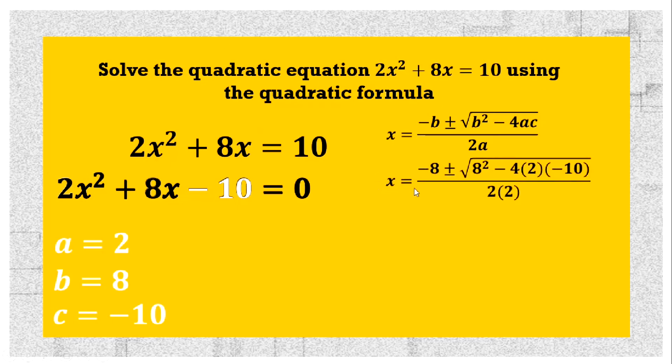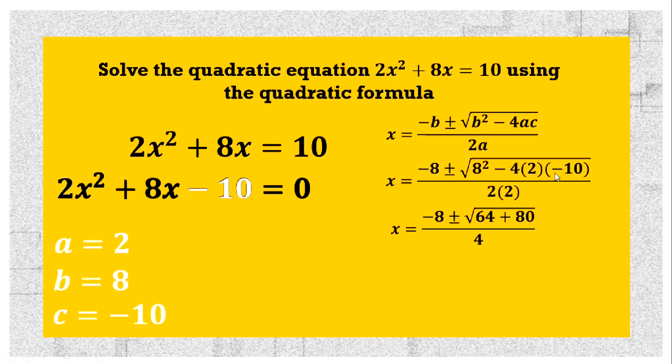So, we have x equals, b natin is 8. So, square root of, again, b is 8 squared minus 4. Our a is 2, c is negative 10, all over 2 times a natin is 2. Simplifying, we have negative 8 positive and negative square root of 8 squared is 64. Then negative 4 times 2 is negative 8.